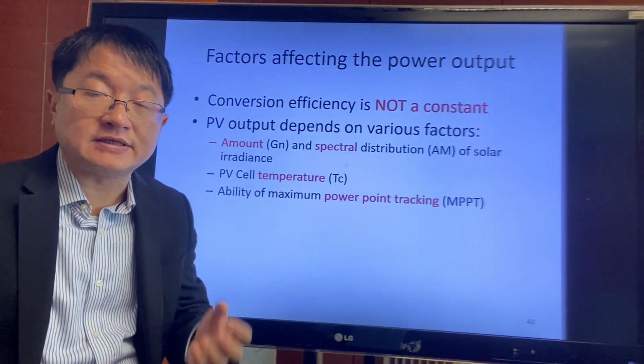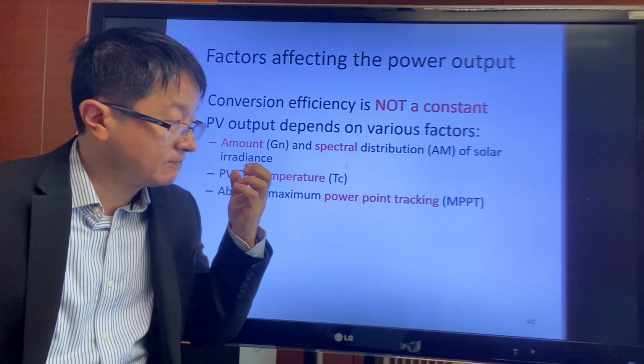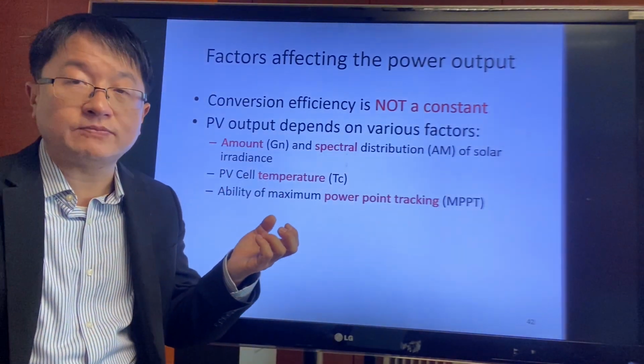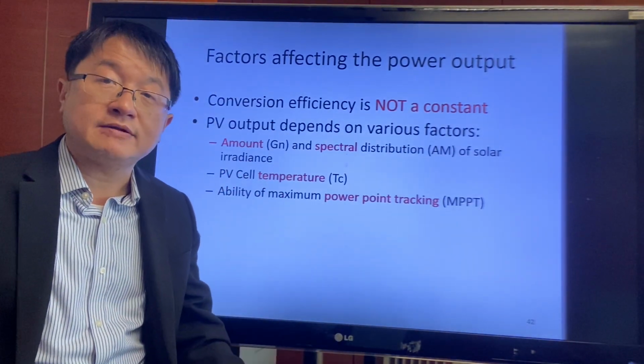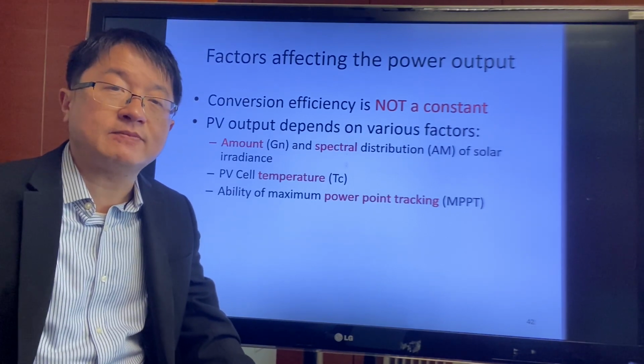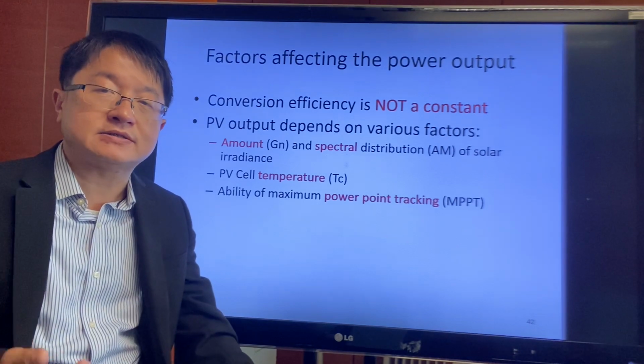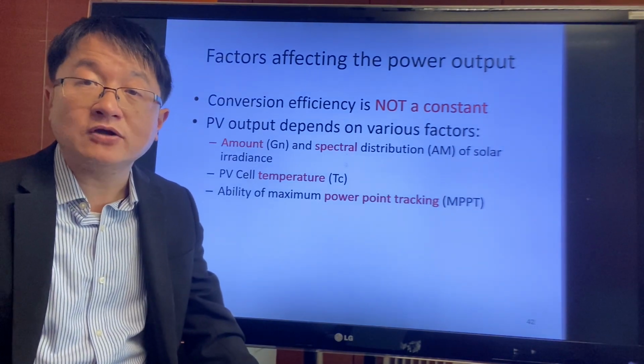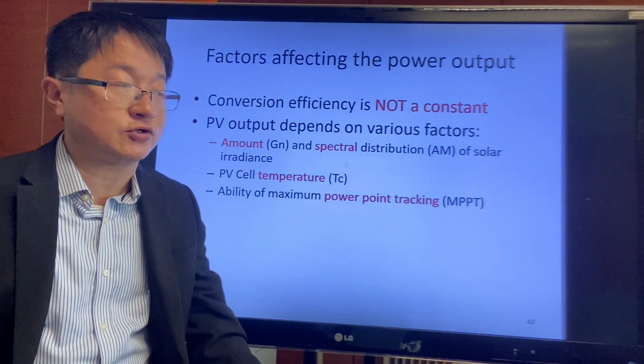Then the efficiency and also the power of the silicon will be lower. And that's why, with a supercomputer, when we want to improve the performance, improve the power and current of the semiconductor, we need to keep it at a lower temperature.